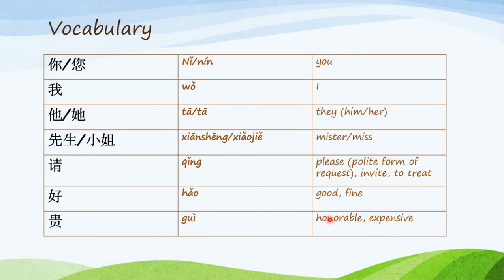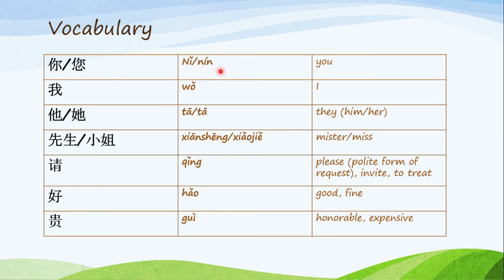So before we actually do the dialogue, we'll do the vocabulary first. And I'll pronounce it for you right here. This is ni. This is nin. Meaning you. The 2 differences right here is just that ni is used for anyone who's at the same level as you, anyone that's below you, or anyone that's your friend.